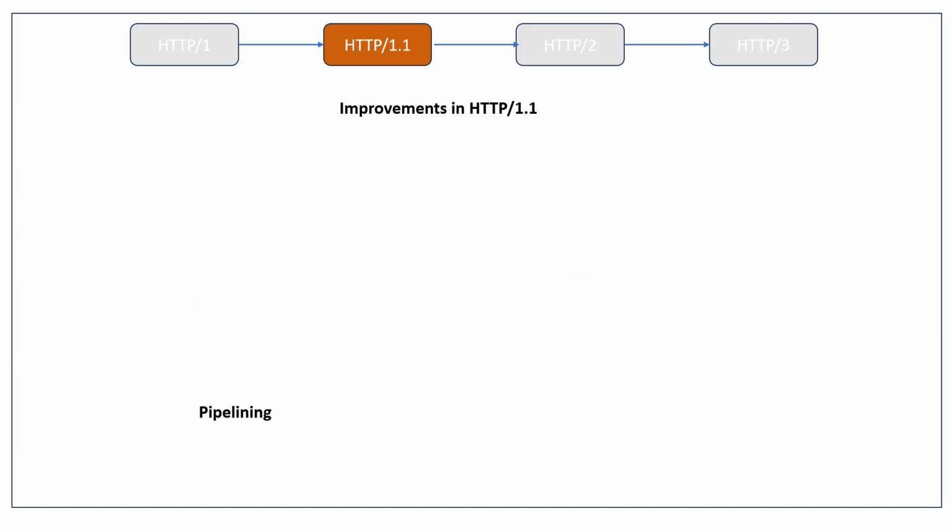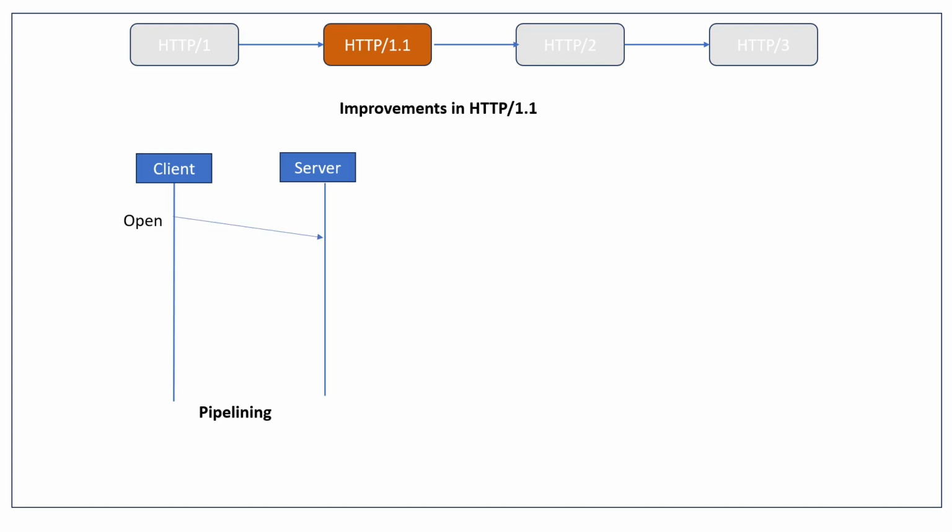Another improvement which we have seen in this version is pipelining. So what is that? Suppose you want 10 resources, or maybe 10 images or JavaScript files, so you have to make 10 requests. Maybe you send one request and then you wait for it, right? Then again you wait for it, till you get it.